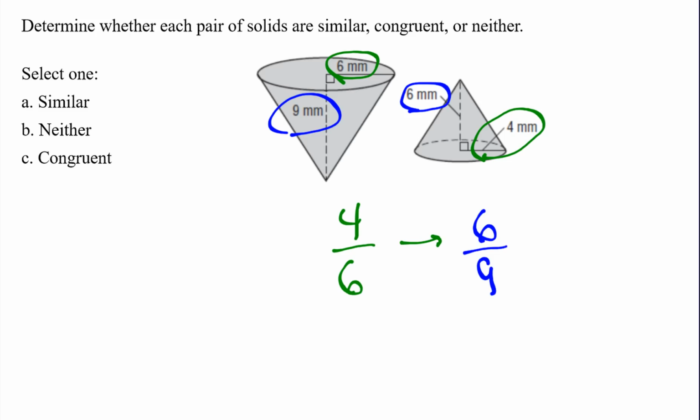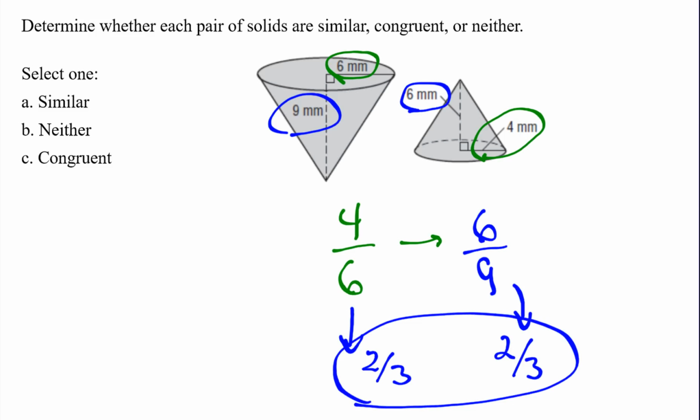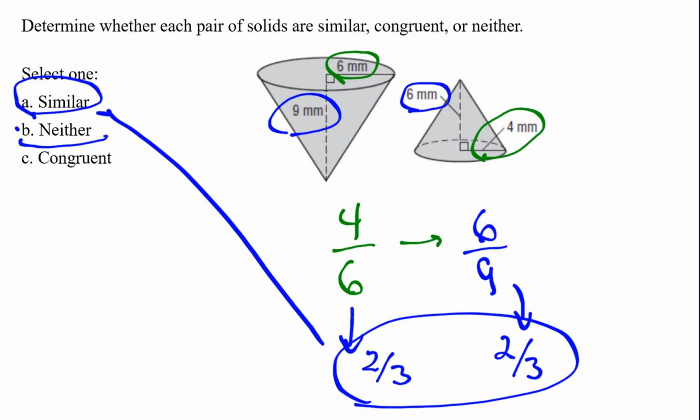Now, if these ratios end up being the same, 4 to 6 reduces down to 2/3. 6 to 9 reduces down to 2/3. If they reduce to the same answer, that means they are similar. If they are different, that's when you would choose neither.